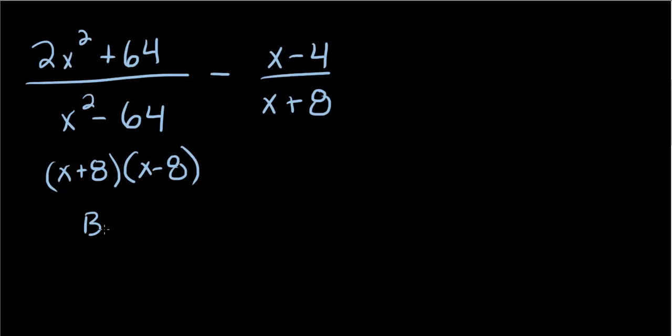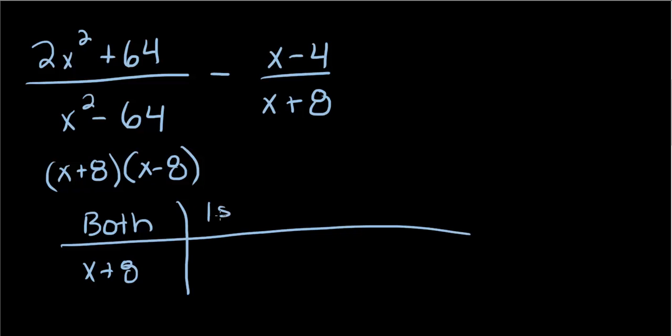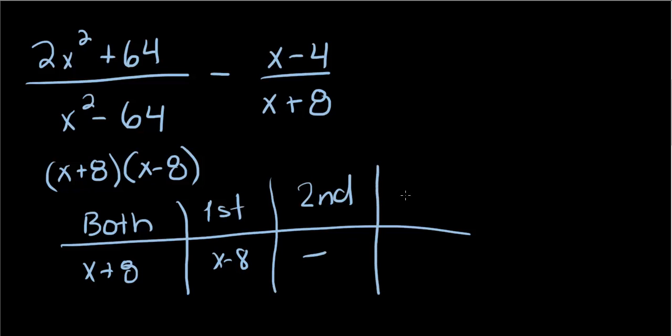So both of my terms have x plus 8. The first one, on top of the x plus 8, it also has an x minus 8. The second one doesn't really have anything extra. So then the final denominator is going to be (x plus 8) times (x minus 8).